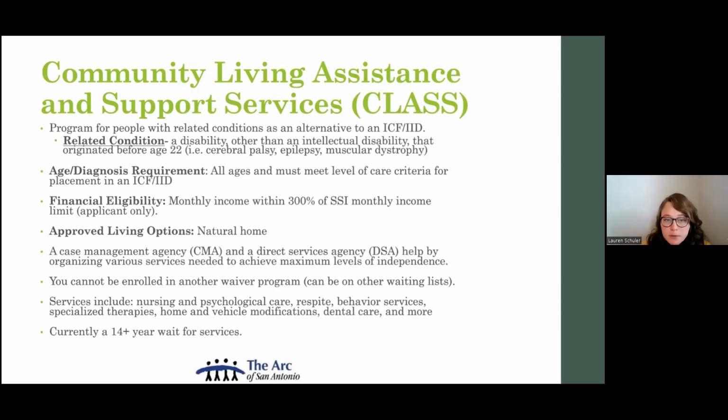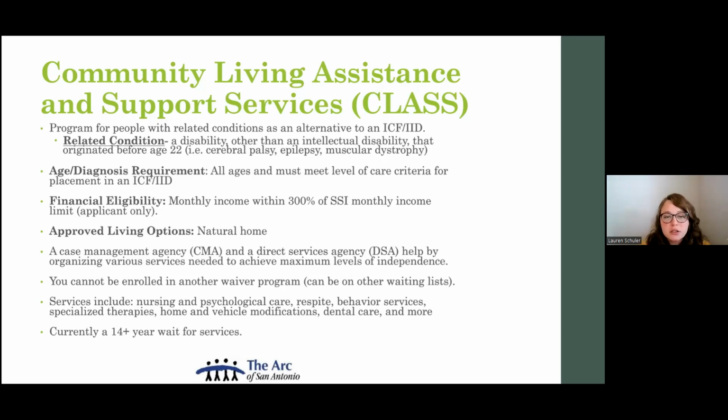It's a program for people with related conditions as an alternative to an intermediate care facility. And the HHS defines a related condition as a disability other than IDD that originated before age 22. So like I mentioned, that could be cerebral palsy, epilepsy, muscular dystrophy, Down syndrome, things like that. Again, there is no age limit.